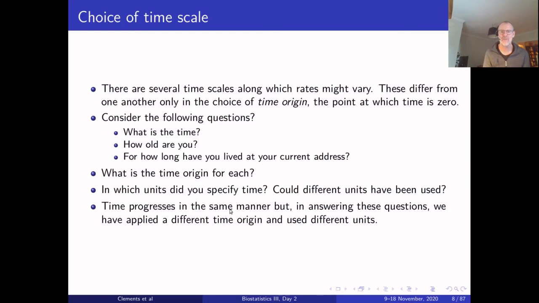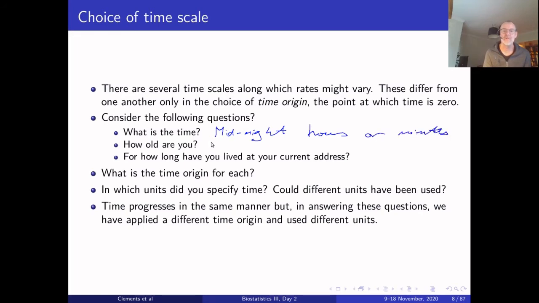I'll give you a chance to reflect on this. So, what is the time? Normally this is time from midnight, and that would generally be measured in hours or minutes.